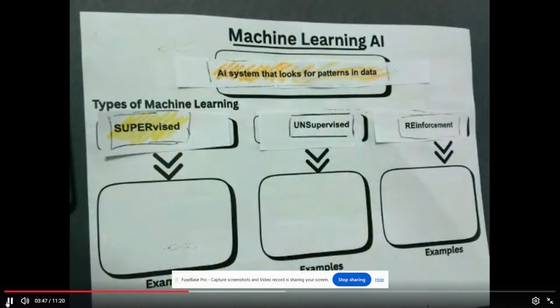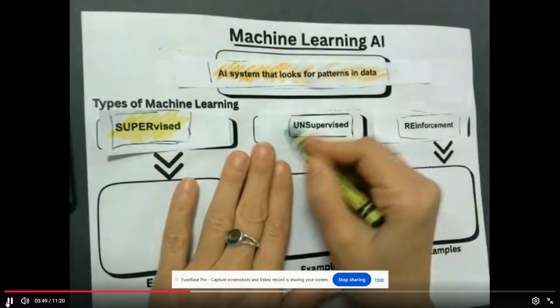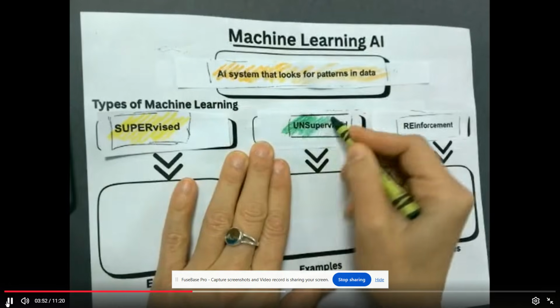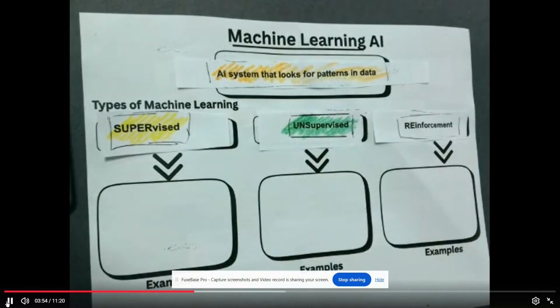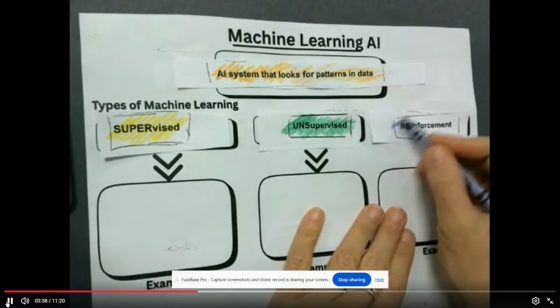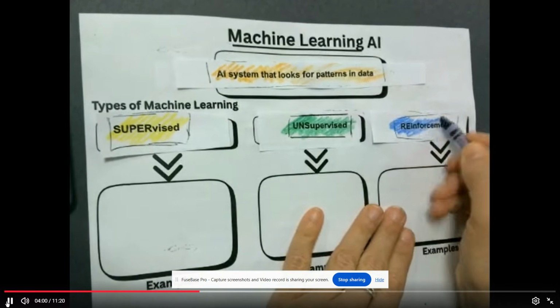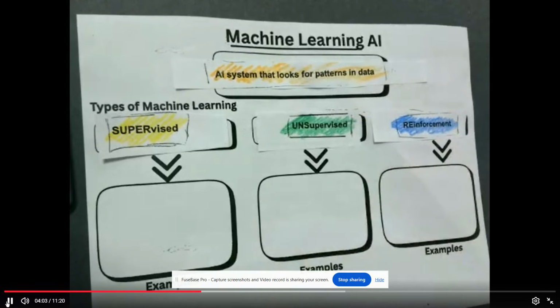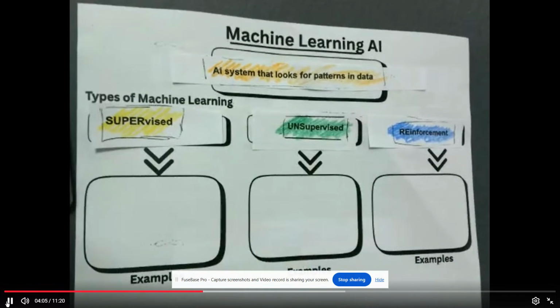And then we're going to learn what each type of machine learning means. Okay, so all 3 of these are looking for patterns in data, but they do it in a different way. So in supervised, the computer looks for patterns in data based on labeled data.